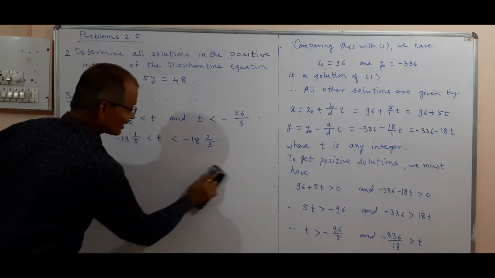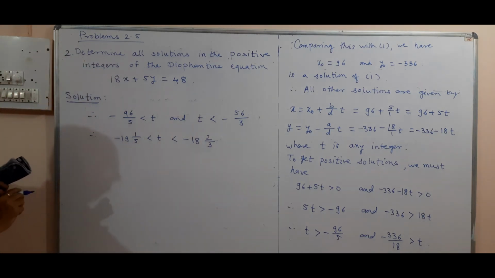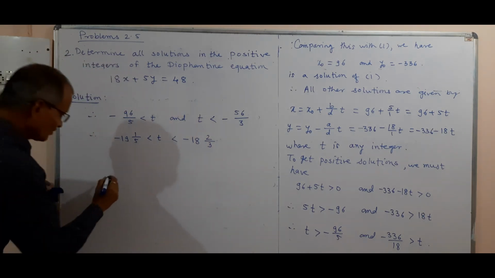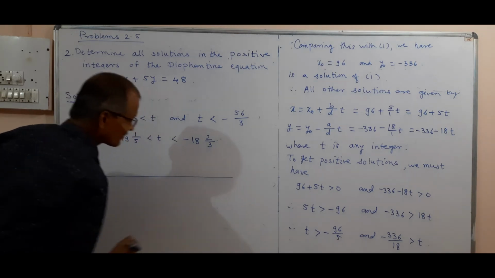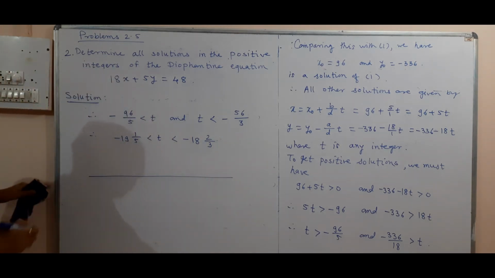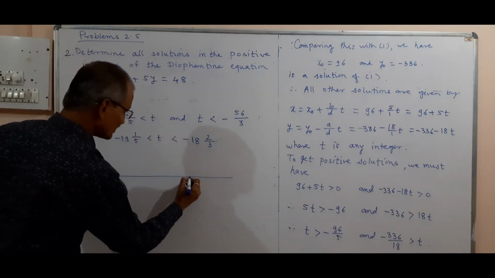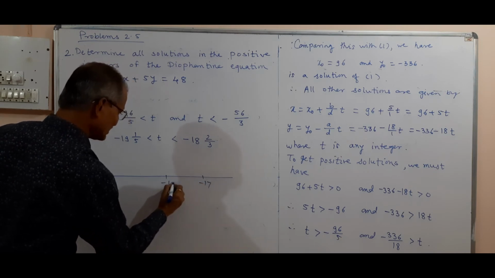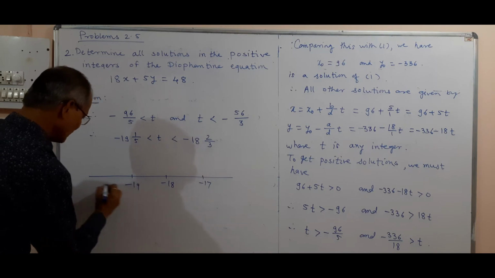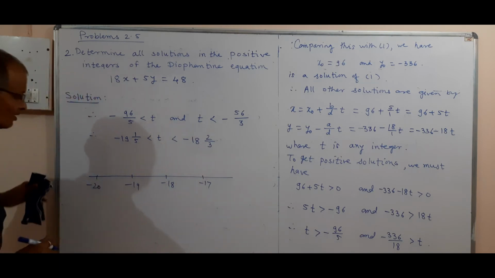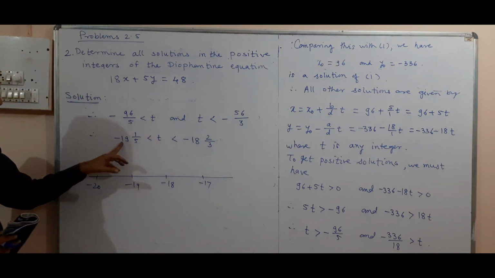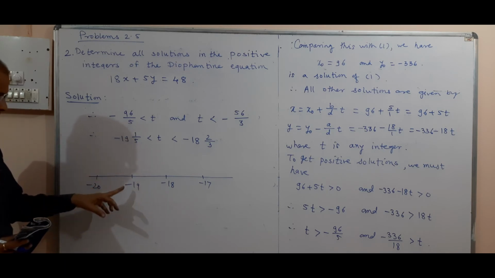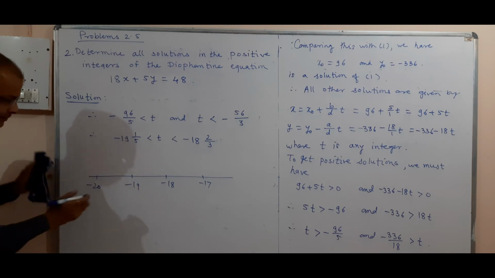What is the integer value between these two numbers? You may observe on the number line that numbers decrease on the left side. Consider minus 17, minus 18, minus 19, minus 20. Where is this number, minus 19 point something? It will be on this side.